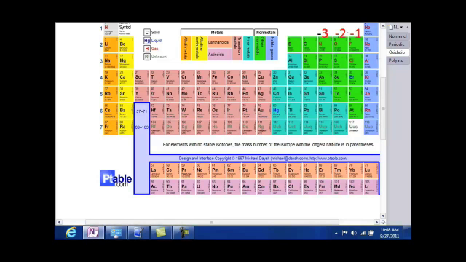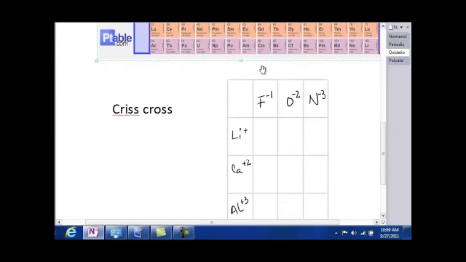And now we're going to write the formulas of these compounds, picking a fixed oxidation number metal like lithium and combining it with a fluoride ion. What would be the formula for this compound between Li plus and F minus? Okay, so you are going to write in your own grid LiF.